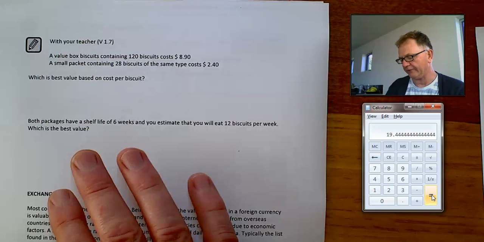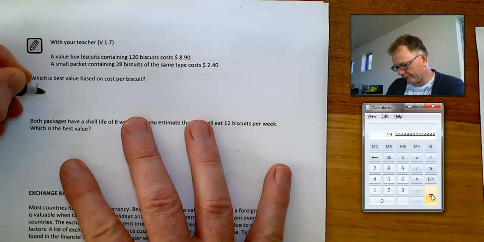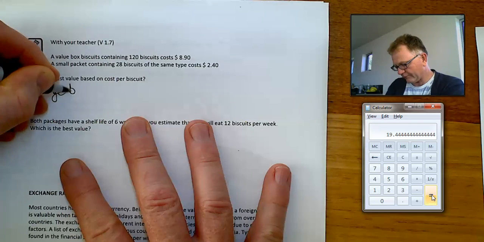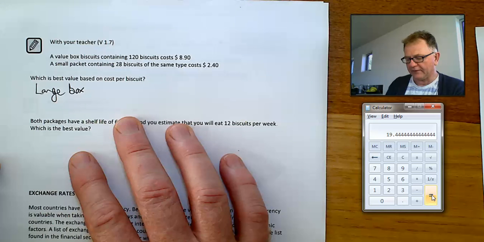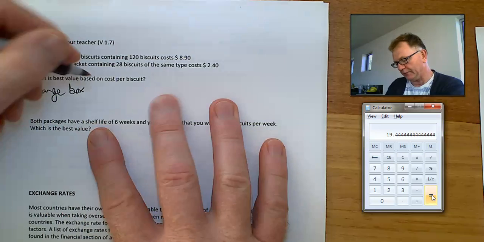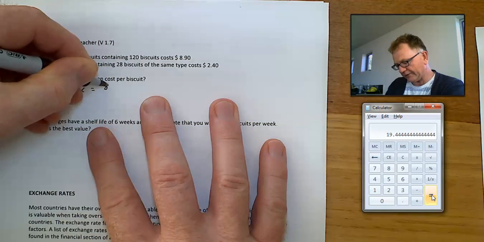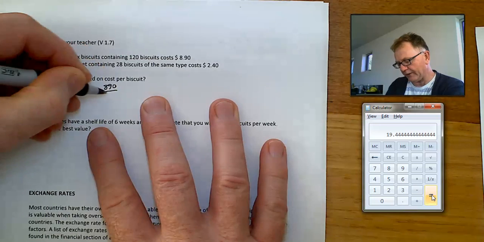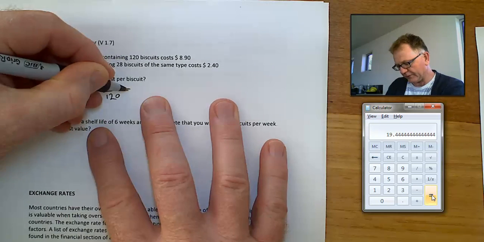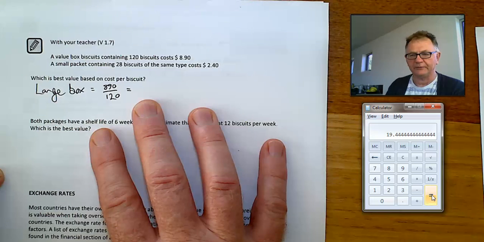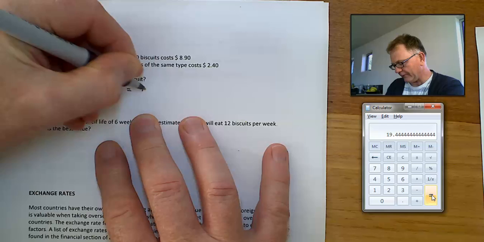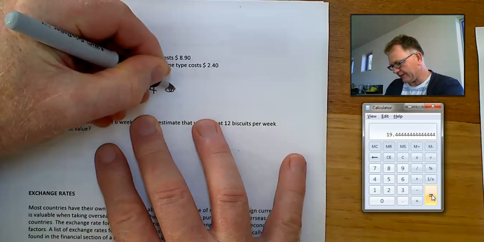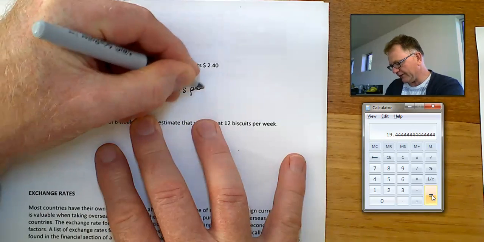So to work that out for the large box, if we want the value in cents per biscuit, the cost in cents will be 890 cents divided by the number of biscuits, 120. Now, I've done this beforehand, you can check me out, but it works out to be 7.4 cents per biscuit.